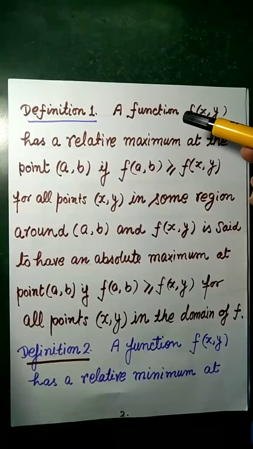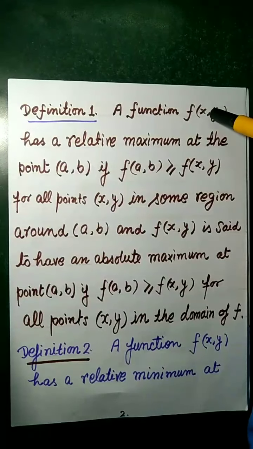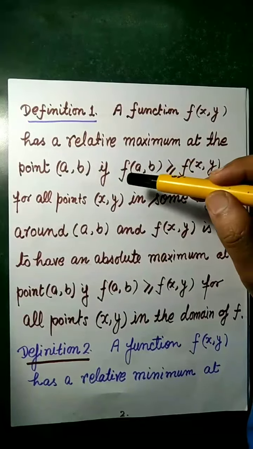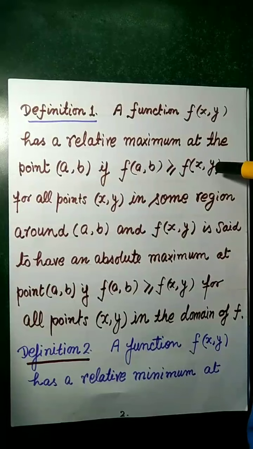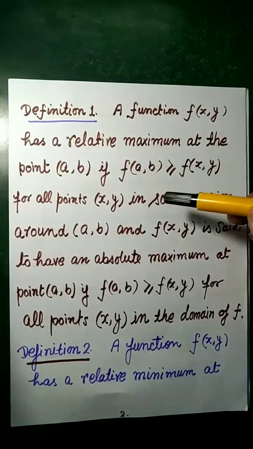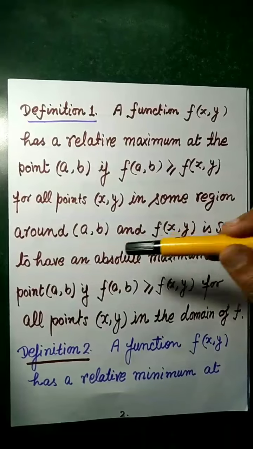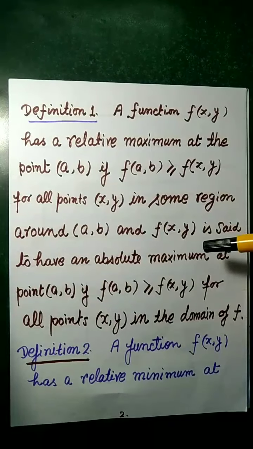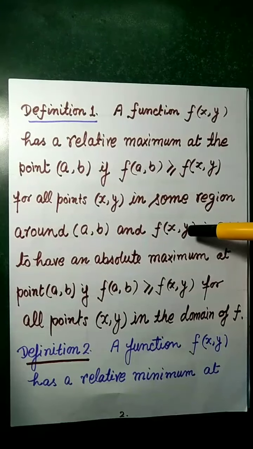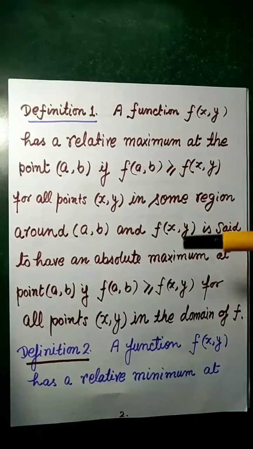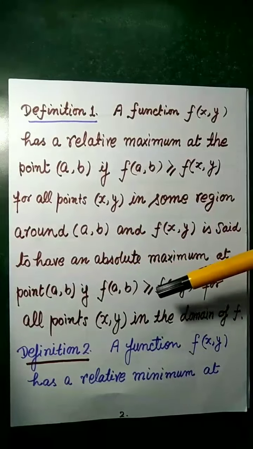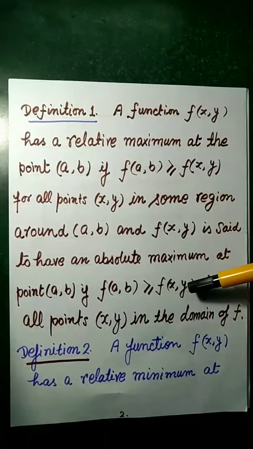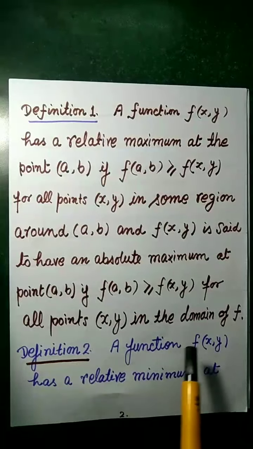So a function of two independent variables x and y has a relative maximum at the point (a, b) if the function value at (a, b) is greater than or equal to the function value at (x, y) for all points x and y in some region around (a, b), and the function is said to have an absolute maximum at the point (a, b) if f(a, b) is greater than f(x, y) for all points in the domain of f.